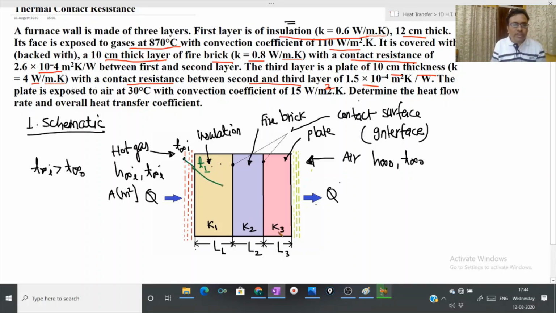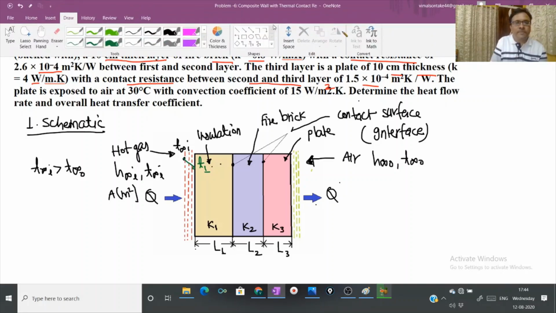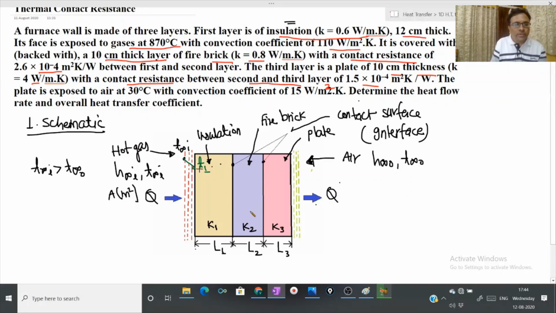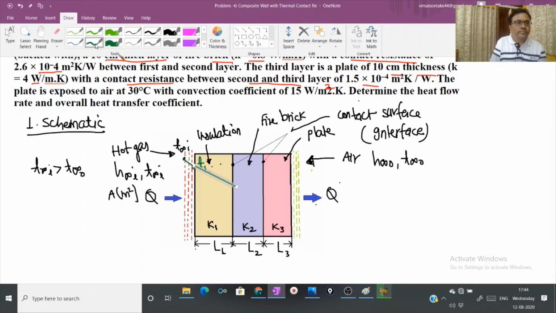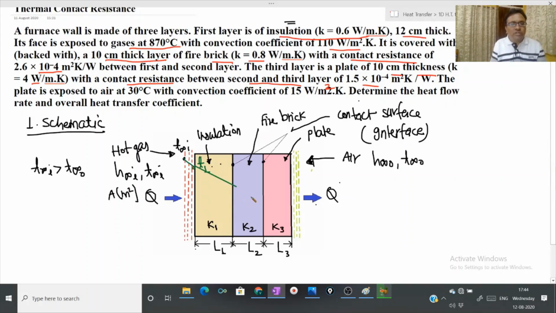Temperature drop will take place as a straight line. Let me draw the straight line. By virtue of this conductive thermal resistance offered by the insulating material, temperature drop will take place from T1 to T2.